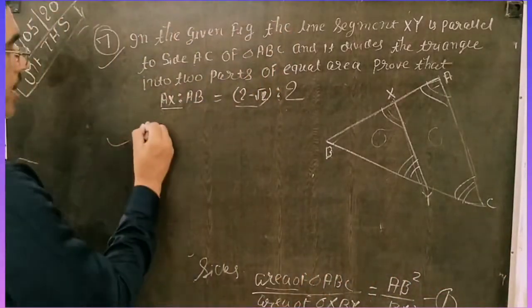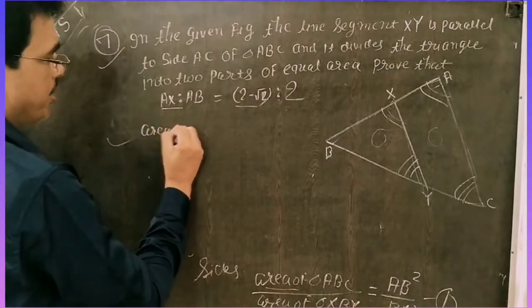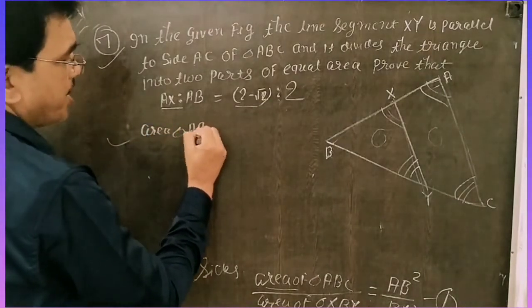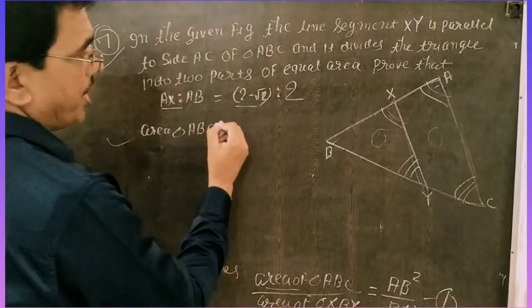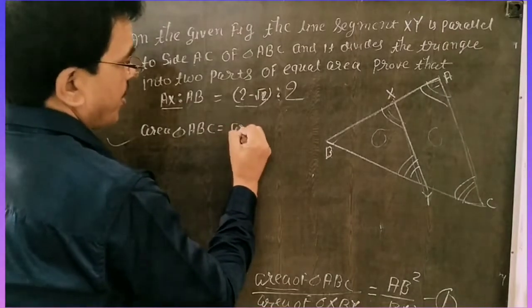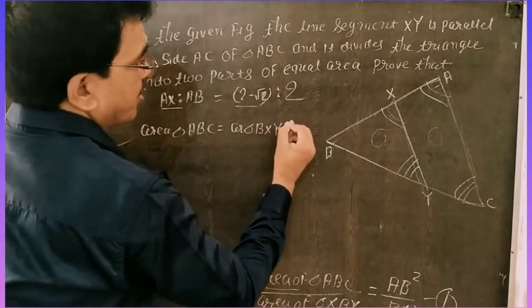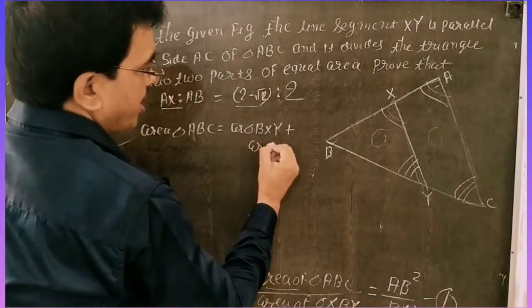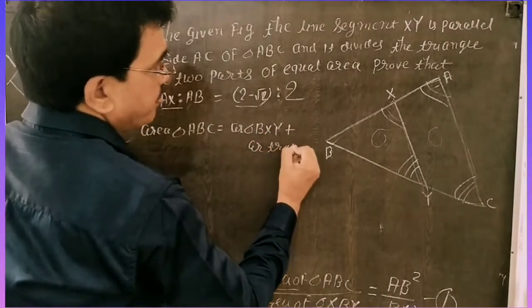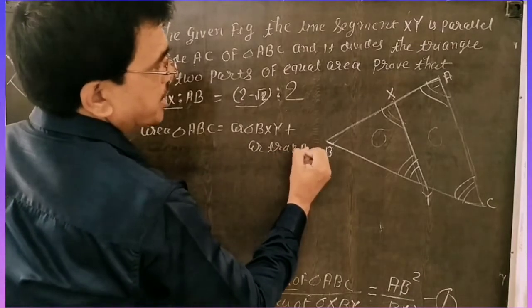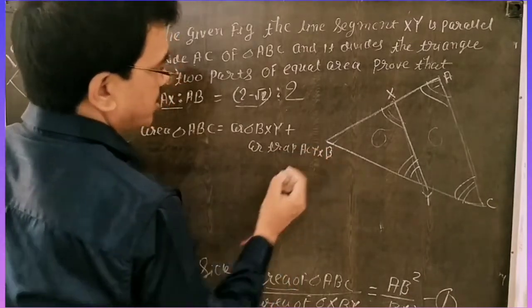You write here area triangle ABC is equal to area triangle BXY plus area trapezium ACYX.